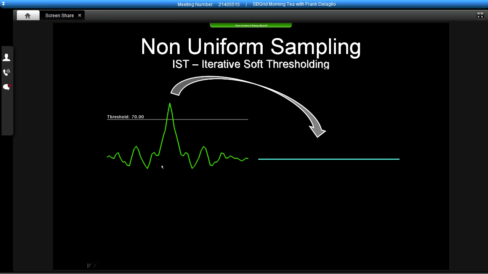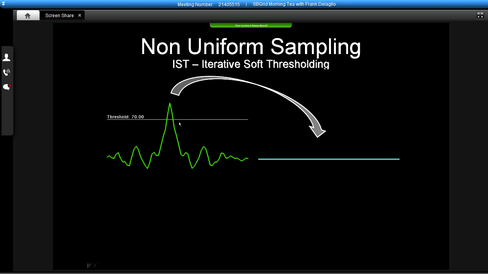Well, as we talked about before, big peaks will have big artifacts associated with them. And so if we can find a way to reduce the size of the peaks, the corresponding size of the artifacts will get smaller too. So what we'll do in practice is start with a regular Fourier transform version of the non-uniformly sampled spectrum and choose a threshold, a very high threshold, which we can guarantee will always be much larger than the largest artifacts.